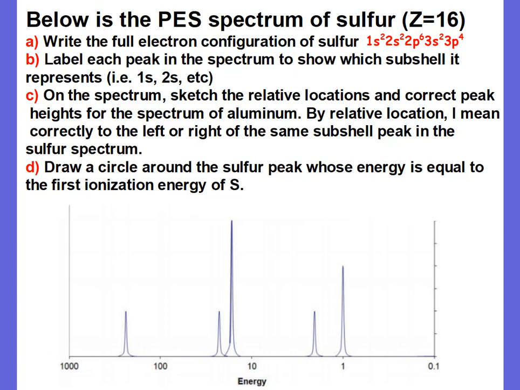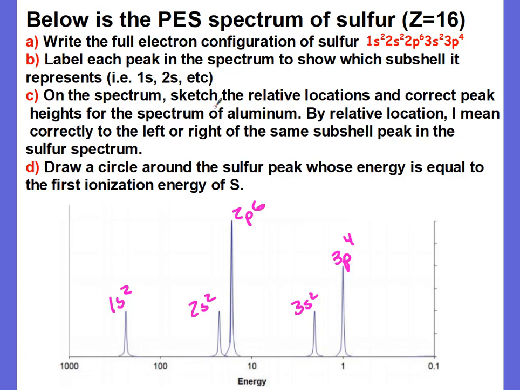B says label each peak. So that's 1s2, 2s2, 2p6, 3s2, 3p4.